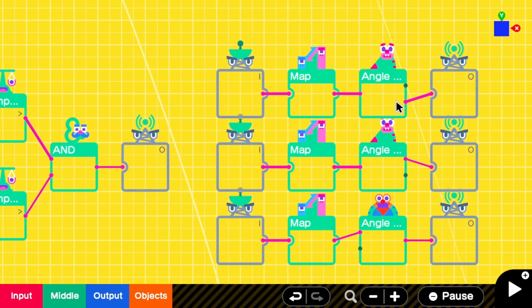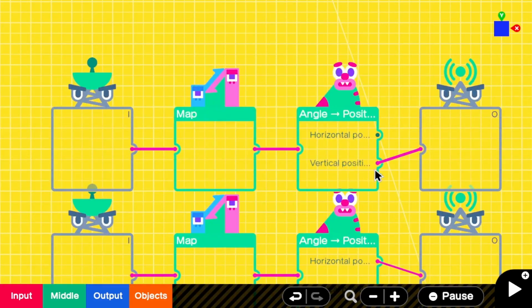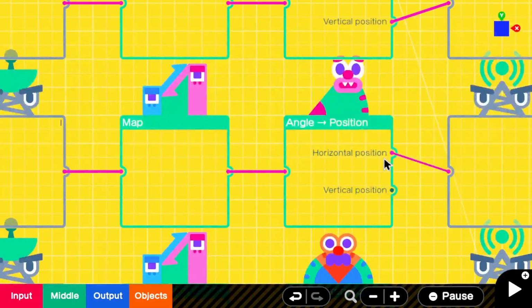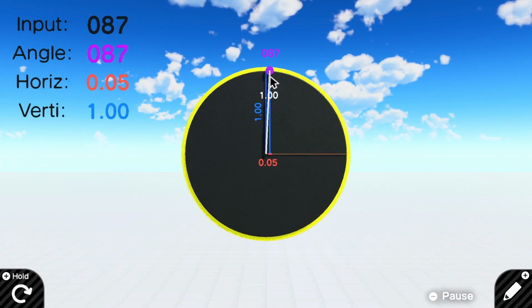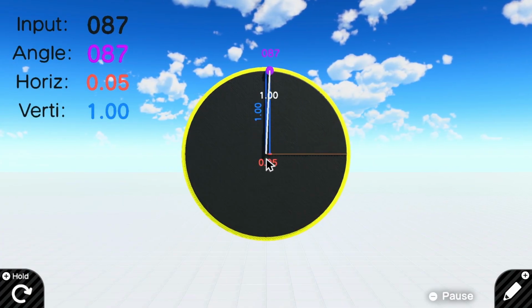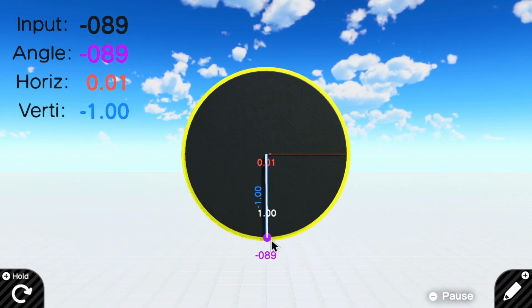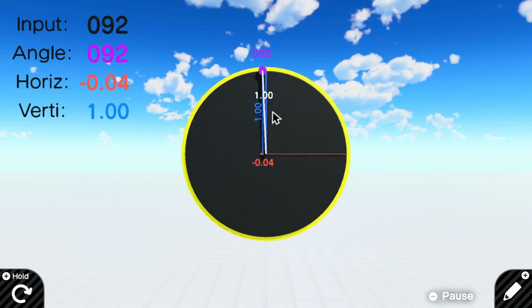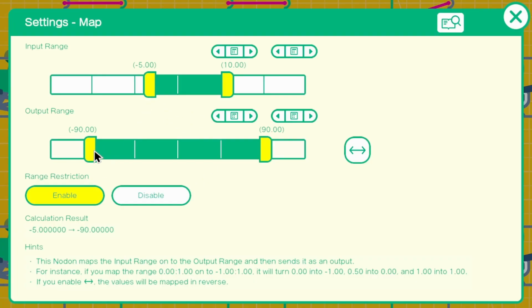And this is not just exclusive to the angle to position vertical output. For example, we can do the same thing for the horizontal position. So we know that the horizontal position is 0 when the angle is 90, and also when the angle is -90. So if we set the map from -90 to 90, we'll essentially have the same bounds here. So here, set to -90 to 90.